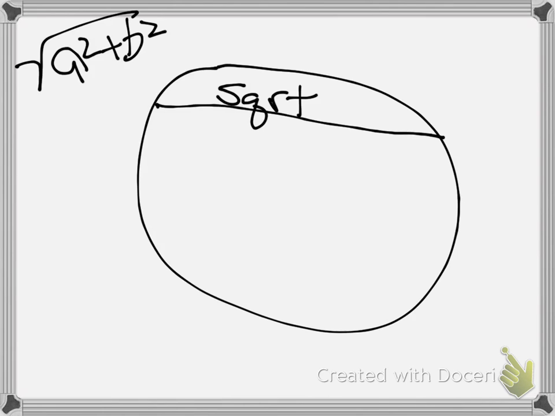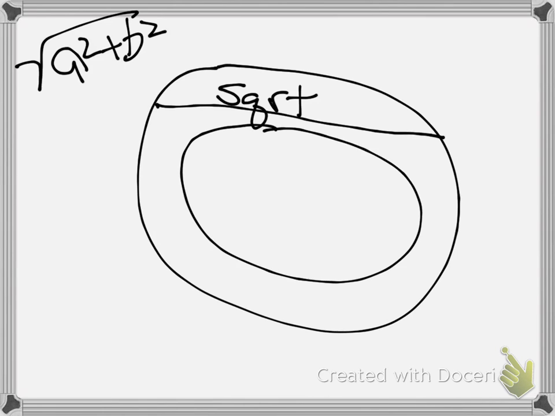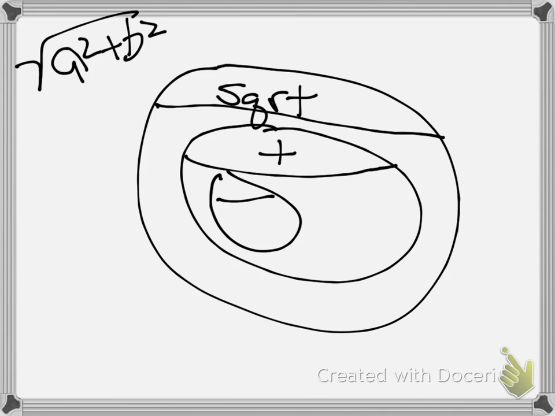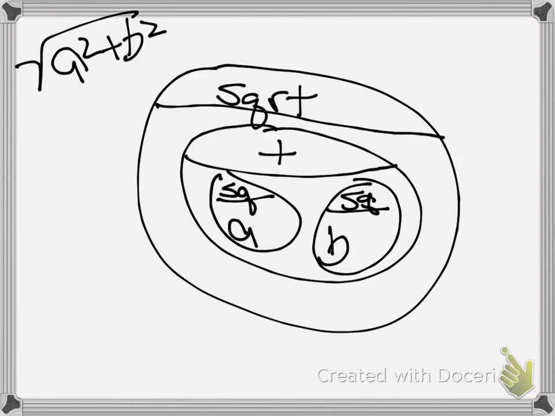Then I'm going to have another circle with the addition sign. And then another circle where it's going to be a square. And we'll have A. And my second square will be B.